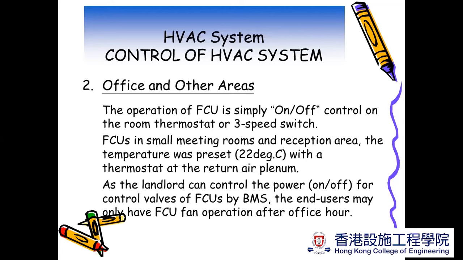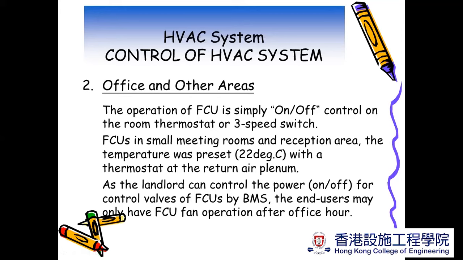In this case, for control of the HVAC system, the operation of the fan coil units locally is simply by on and off control with a 3-speed switch, as you might have seen. It could be low speed, medium speed, and high speed, depending on the airflow you want. And for fan coil units in small meeting rooms and reception areas, the temperature is preset at 22 degrees Celsius with a thermostat at the return air plenum to sense the return air temperature.